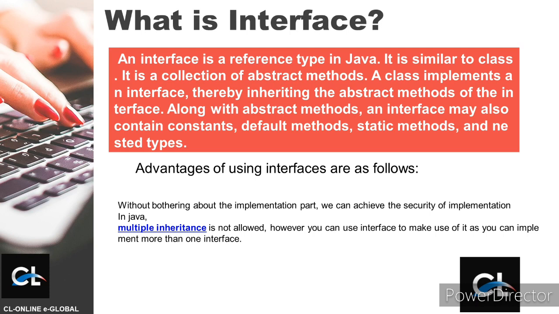Let me explain with an example: class AB and class XY are both superclasses, and Mn is a subclass. If I want Mn to extend the common properties from both superclasses, we are unable to do so because Java syntax does not support that. We cannot write class Mn extends AB extends XY. Twice we cannot write.